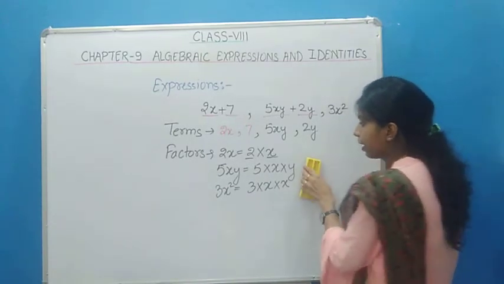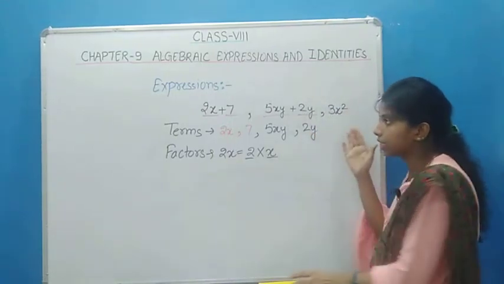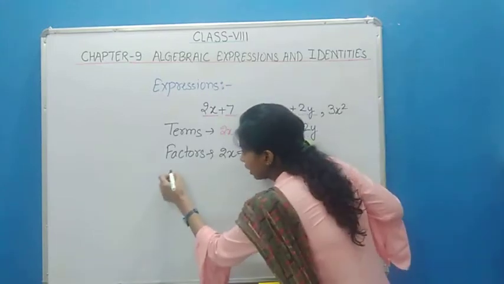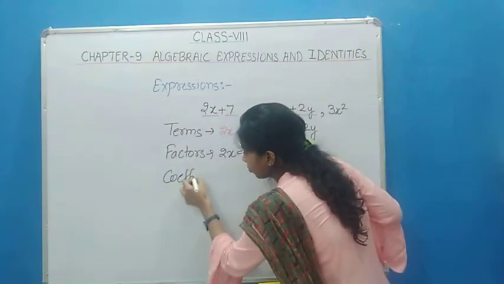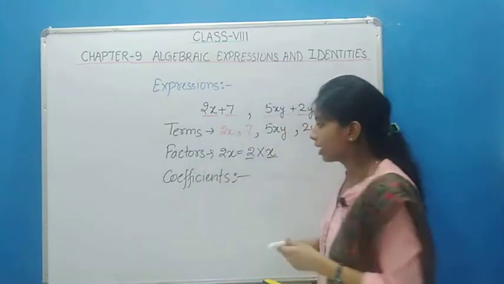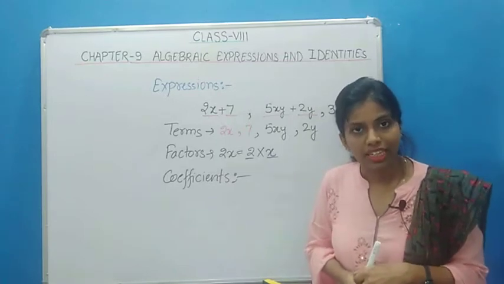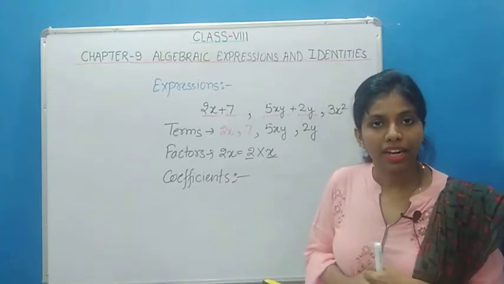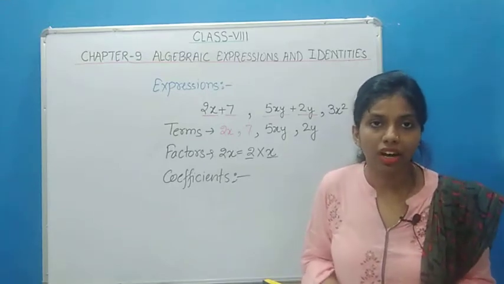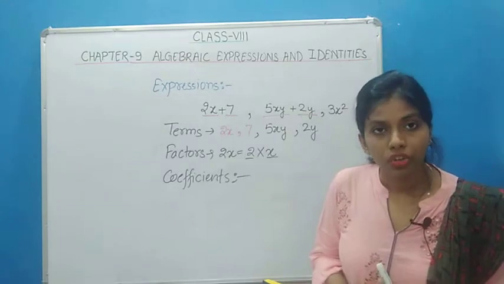Now the last point we have to discuss in an expression is the coefficient. What is a coefficient? The numerical factor before any variable term is called the coefficient.